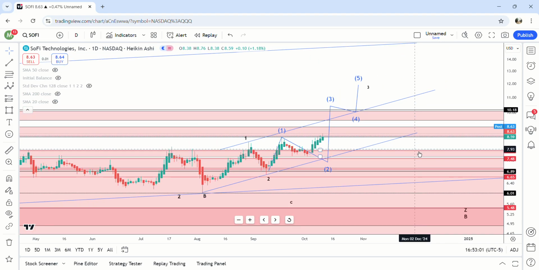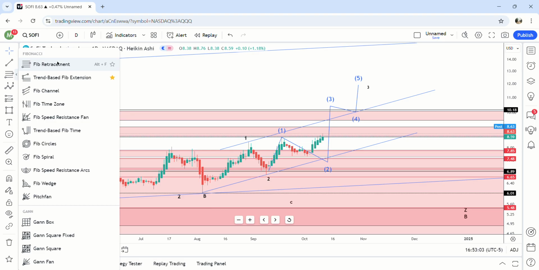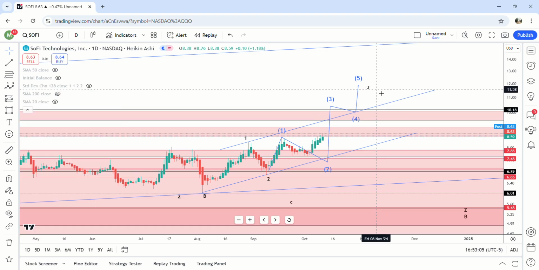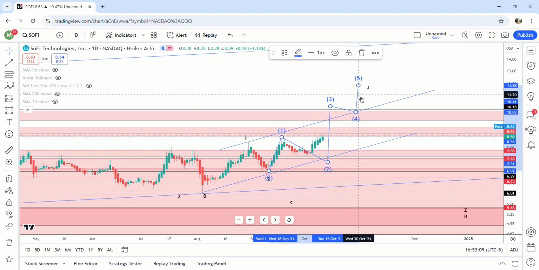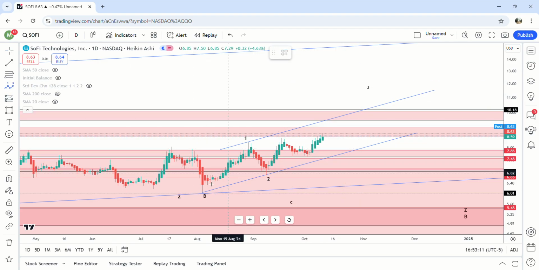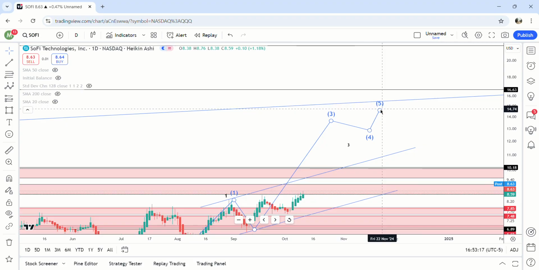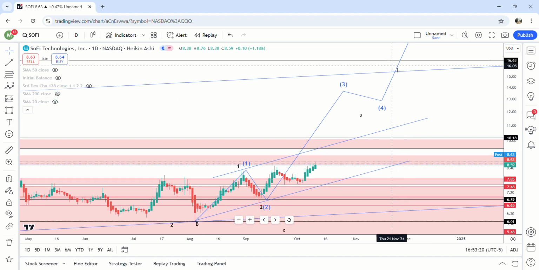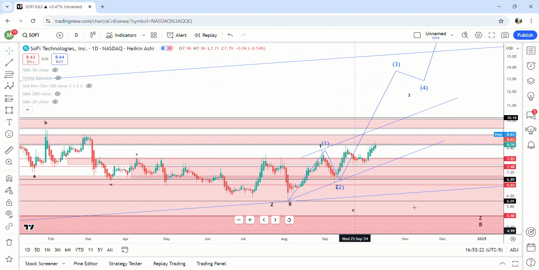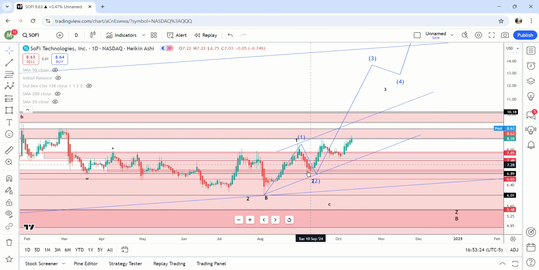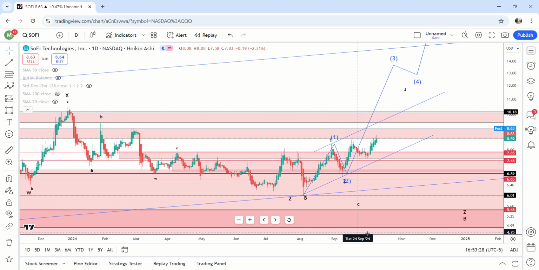I would imagine that we see something around 11, 12, 13, 14 bucks for the third wave. If we're going to get all the way to a minimum of 16 bucks, it's going to have to go like this. And then we could go all the way up here, or we could stop here at 16 bucks.